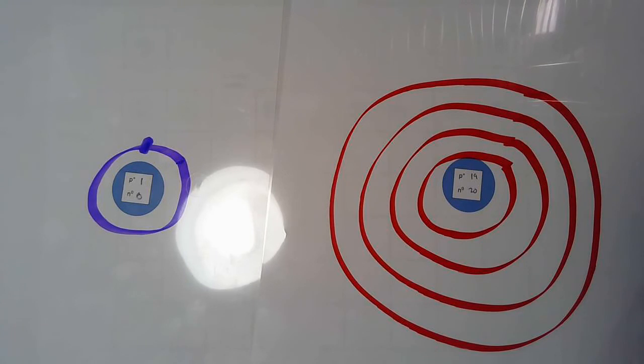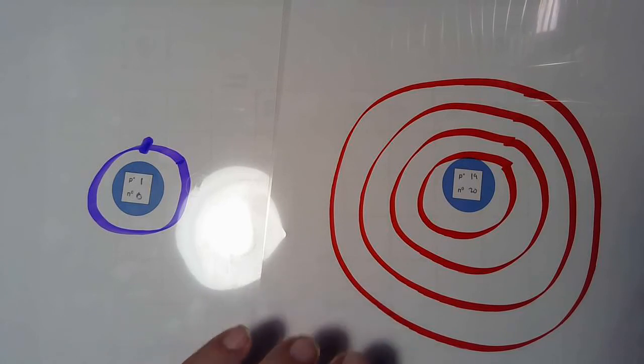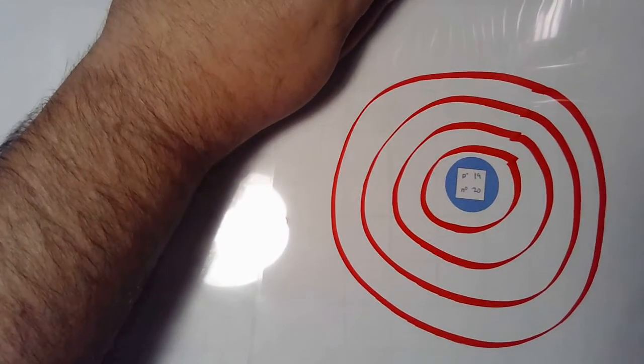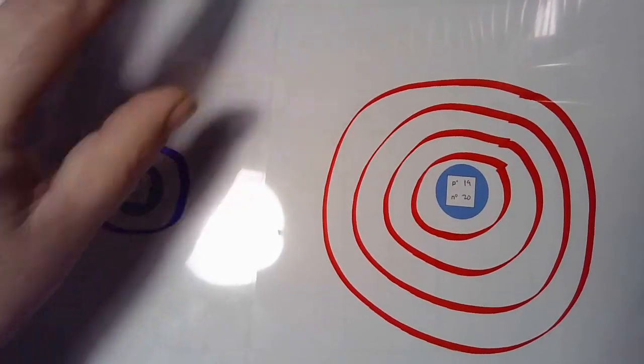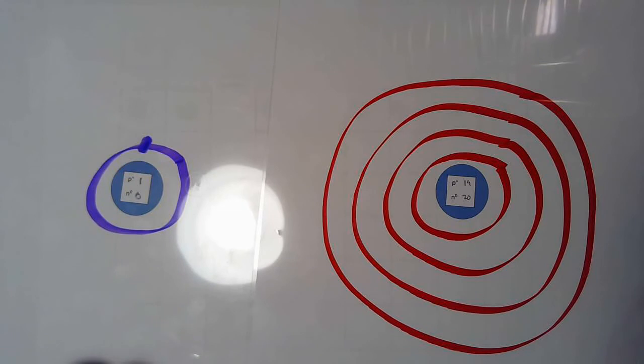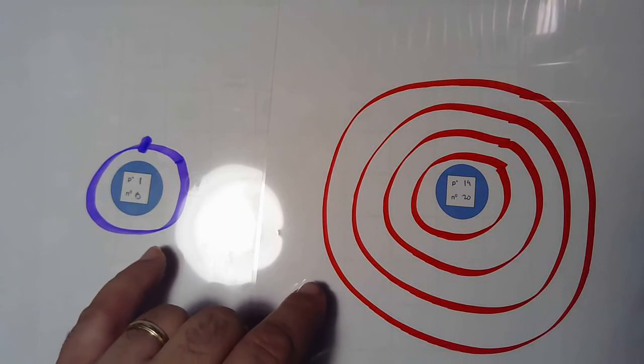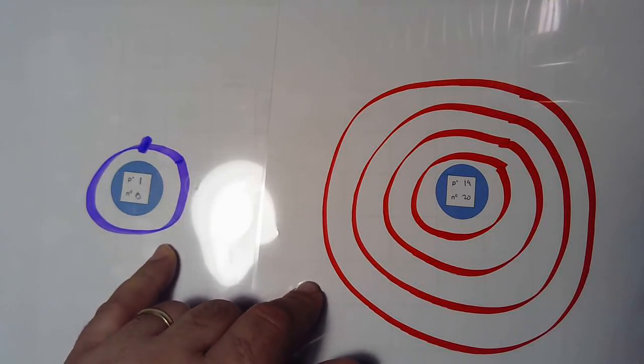So these trends, while they're not really the same trend, they follow the same pattern. That's our key. They're different trends. They're actually opposite trends. The electronegativity is trying to hold on to electrons, where ionization energy is trying to take them away.